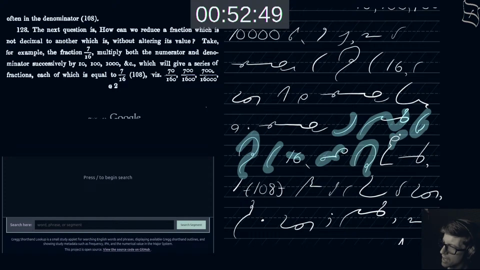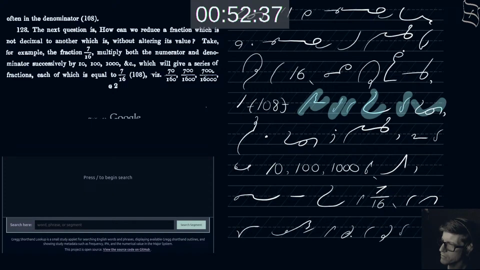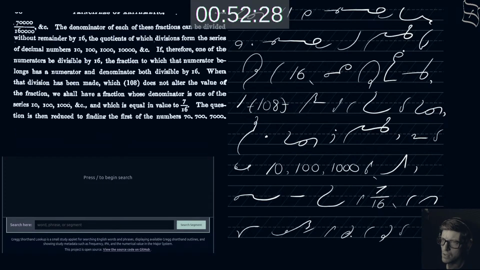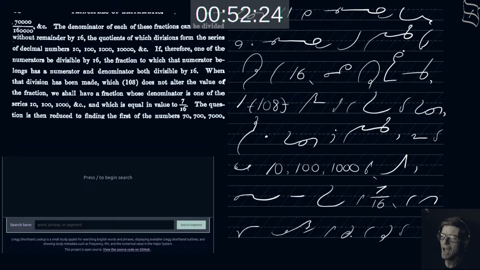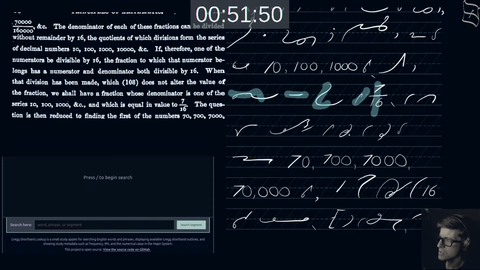In that division, when that division has been made, which, according to Article 108, does not alter the value of the fraction, we shall have a fraction whose denominator is 1 of the series 10, 100, 1000, etc., and which is equal in value to 7 over 16.